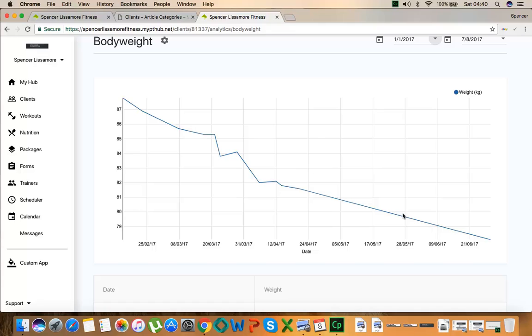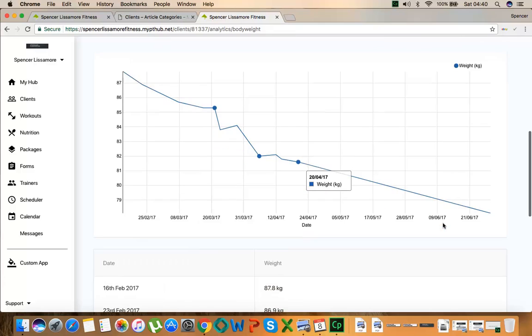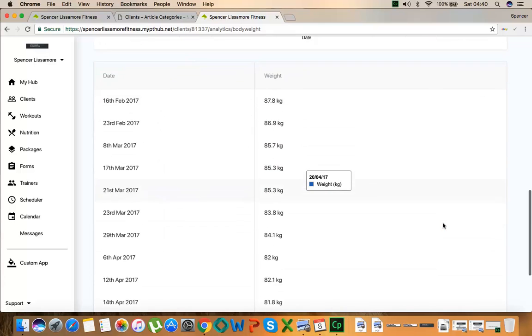And as you can see, body weight. So on the axis we have body weight and date, and as the months have gone on, you can see that his body weight in kilos, may I add, as you can see in the legend, has dropped significantly over time. A nice steady decline, which I am very happy about.